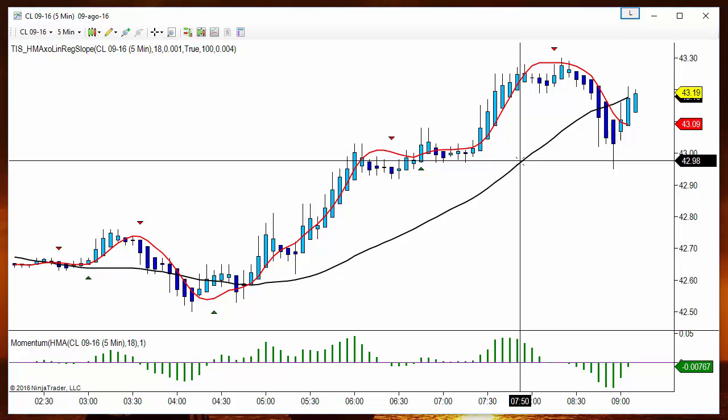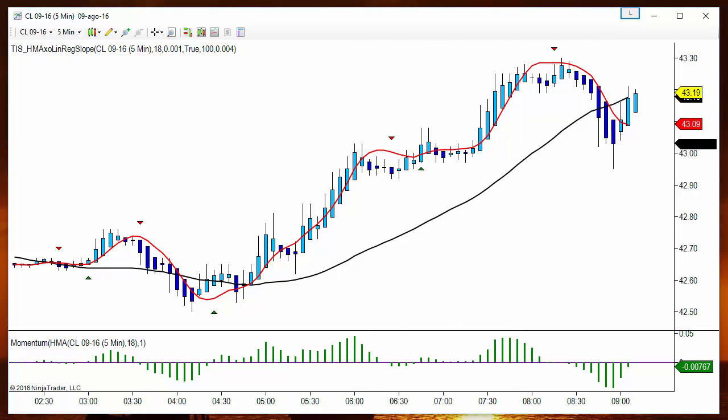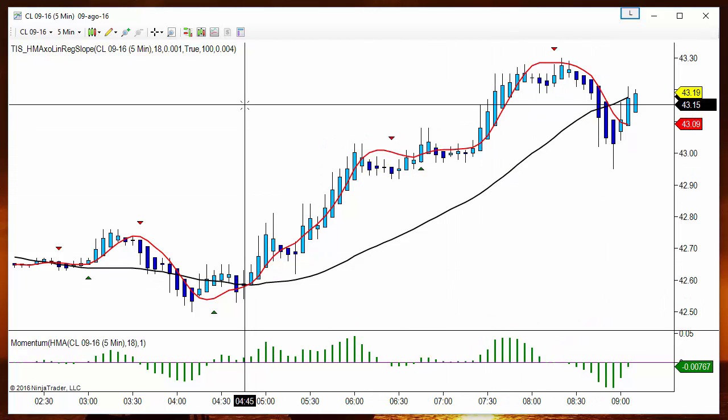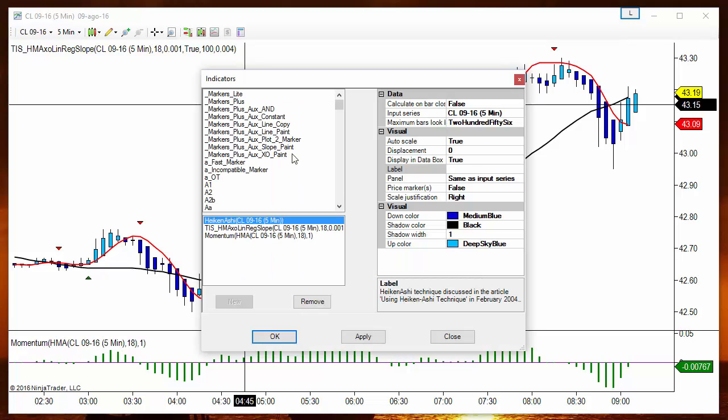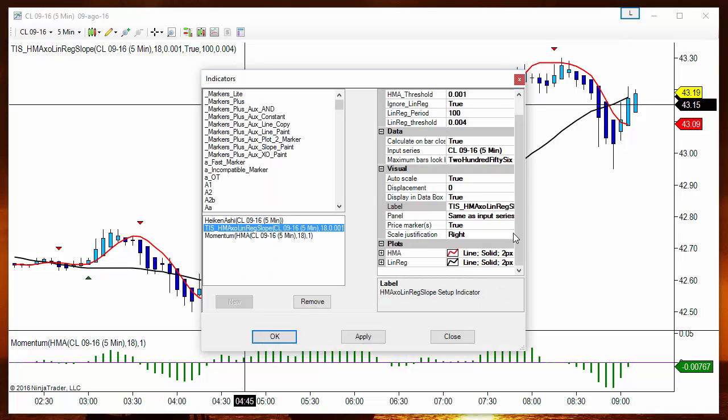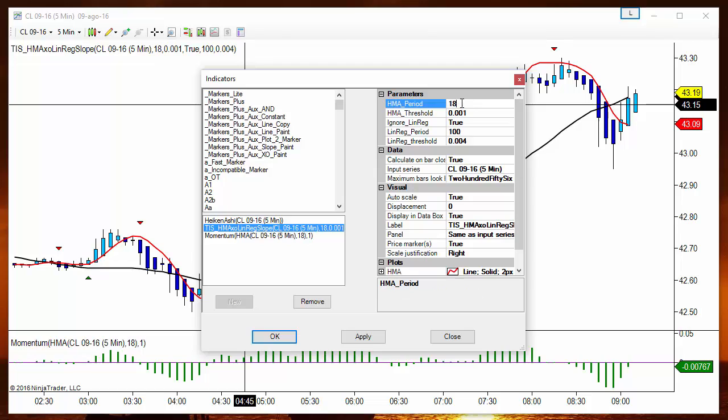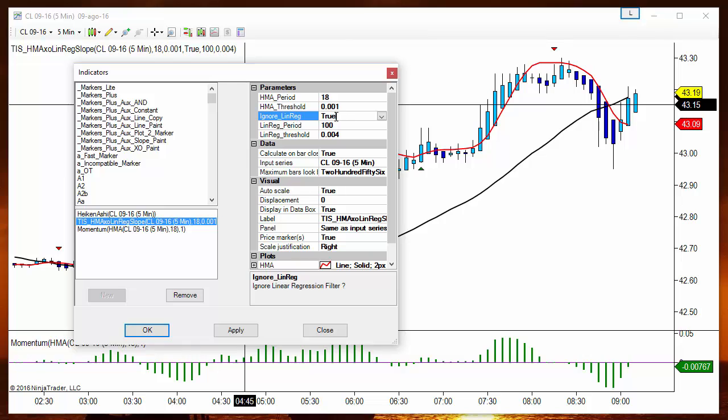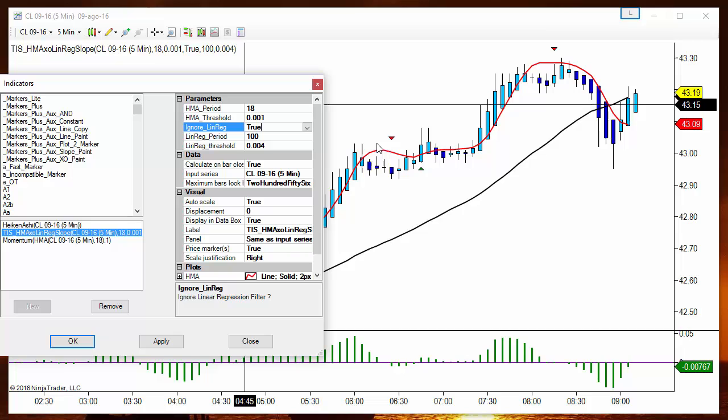This setup can be created and automated with Marker Plus, and now we have it in an indicator format, so we can set all the settings: the period of the HMA, the threshold, and if we want to ignore or not the linear regression trend filter.